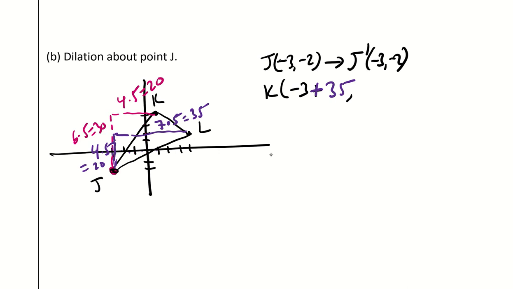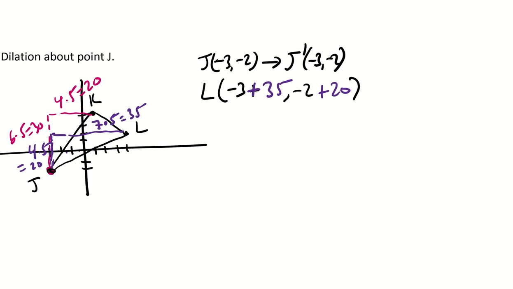And then I have to take the Y coordinate of -2, and I have to add 20 to it because I need to go up 20 from there. Okay, and that's how I get, oh, that's for L. I'm sorry, that's not for K. That's for L. Sorry. All right. So then L.